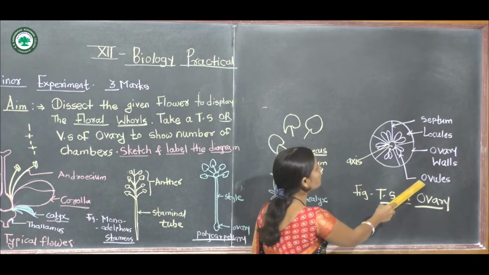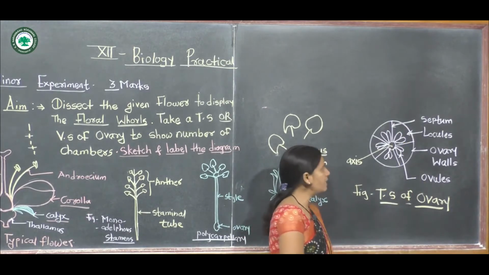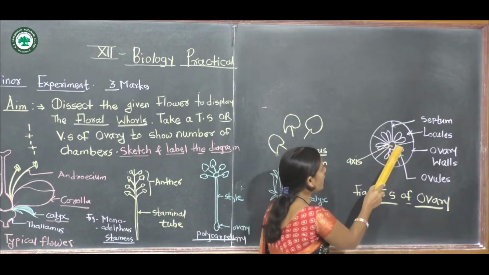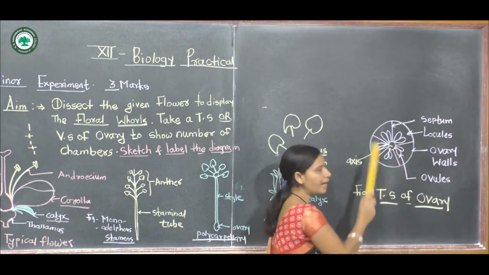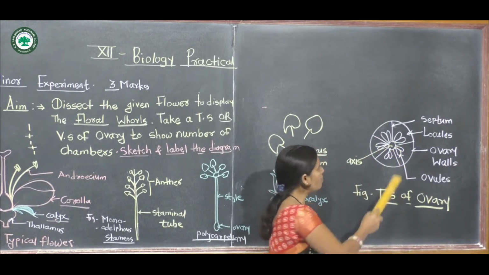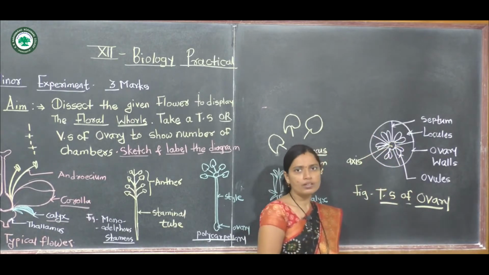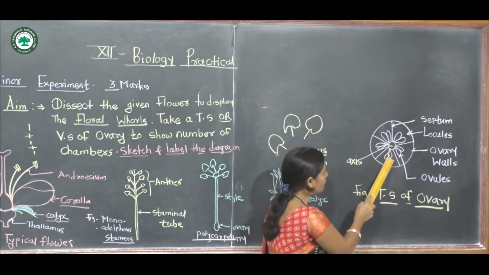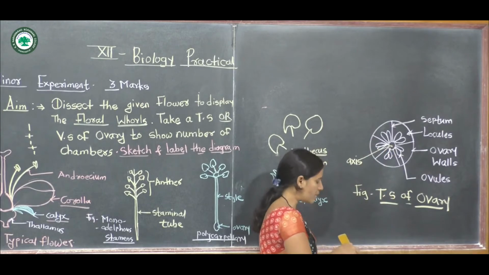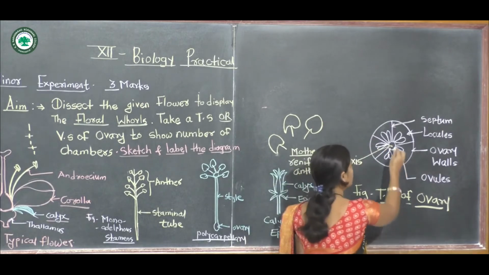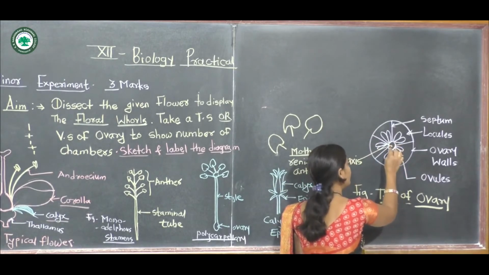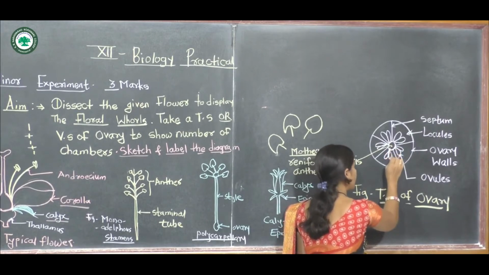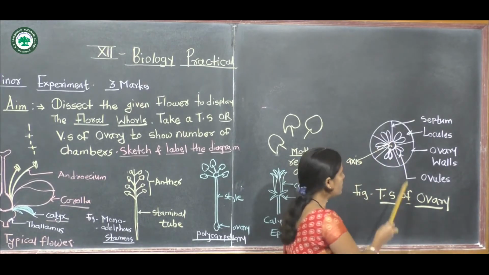ovules are present. Two ovules arise at the central axis. This is the central axis. It is axile placentation in the hibiscus flower, because the ovules are attached on the central axis, and each ovule is attached on this axis.